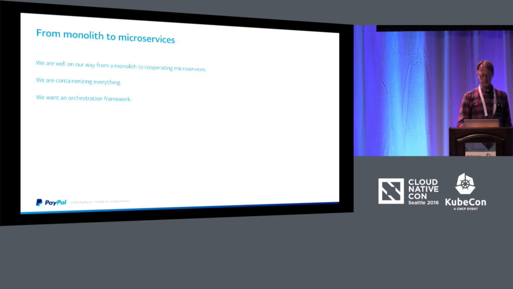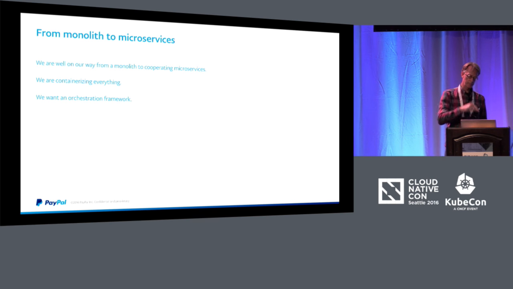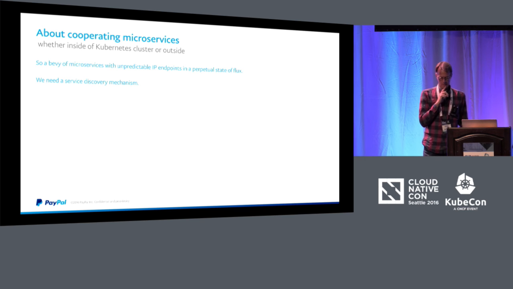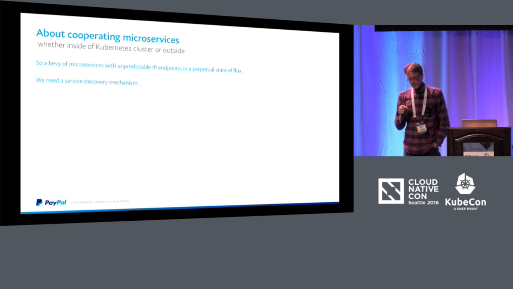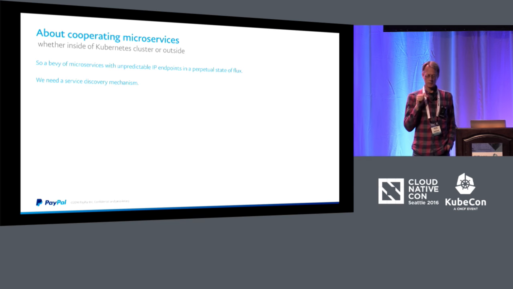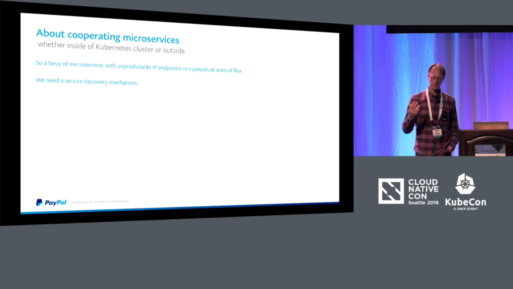So we also need an orchestration framework. We decided to use Kubernetes many months ago. And I'll tell you how we've integrated our service discovery into this. So we currently run our microservices on bare metal or VMs. And we don't know what IP address a microservice will take on when it begins to run.